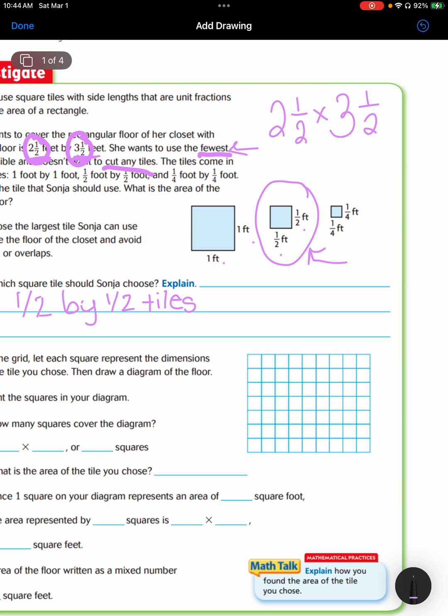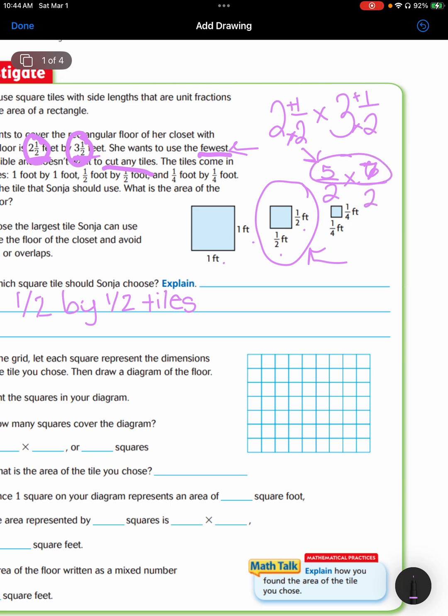When we want to convert these mixed numbers to improper fractions, we multiply the bottom and add the top. So if you do this, this is 5 over 2. And then this will be times 3 times 2 is 6, and plus 1 is 7 over 2. So these are actually your dimensions right here, the numerators.